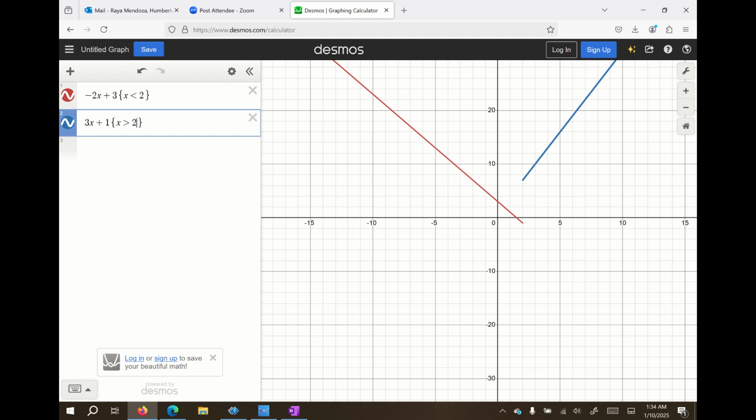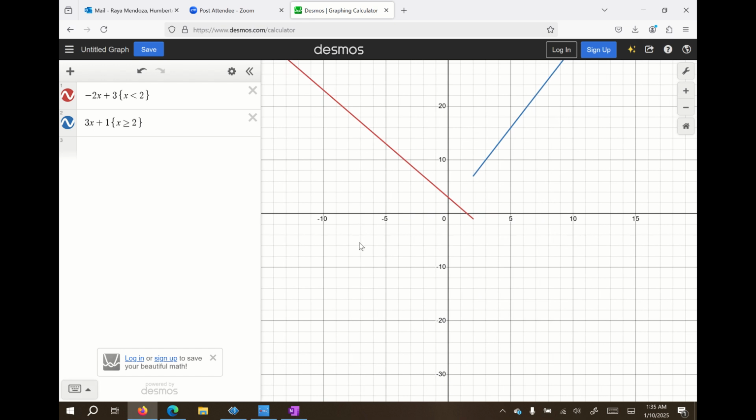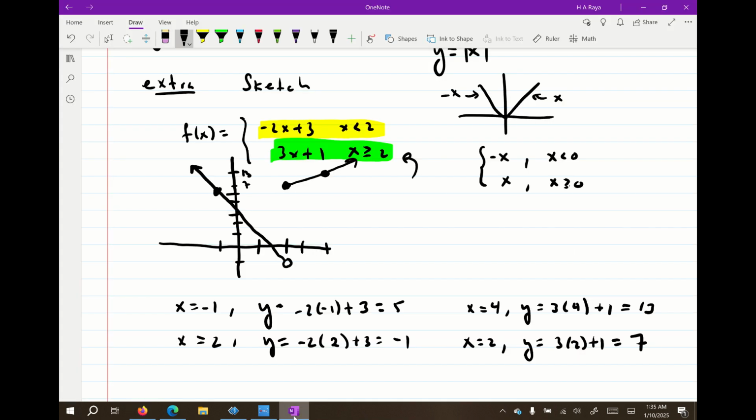But if you wanted a greater than or equal to symbol to replace this guy right here, you can go down to the keyboard downstairs and pick it up from this template. Okay, so that's what the graph should look like. It should look like the red graph on the left and the blue graph on the right. I kind of like mine better.